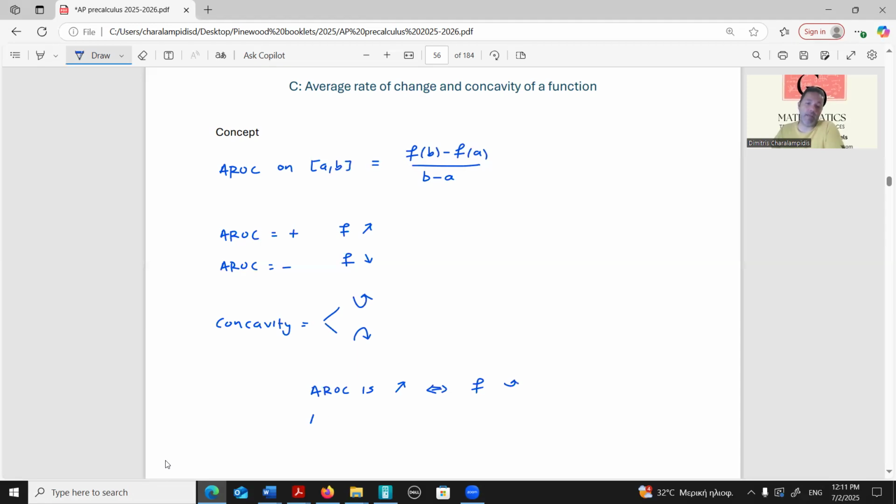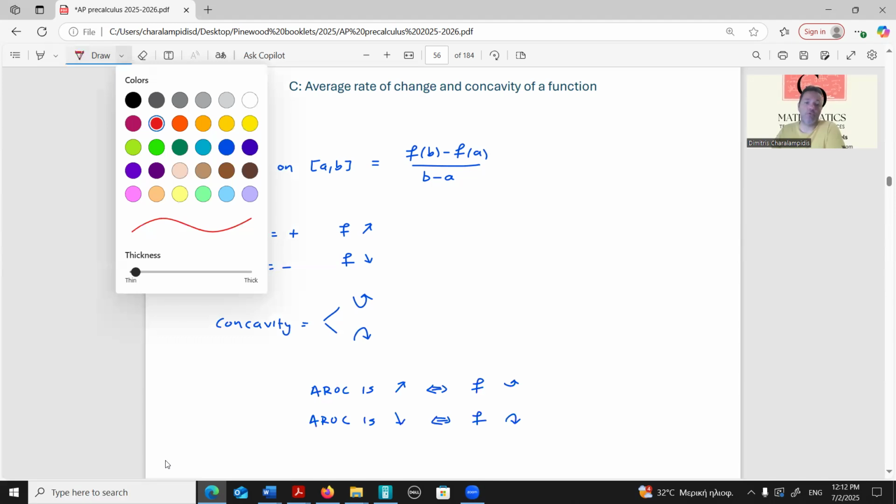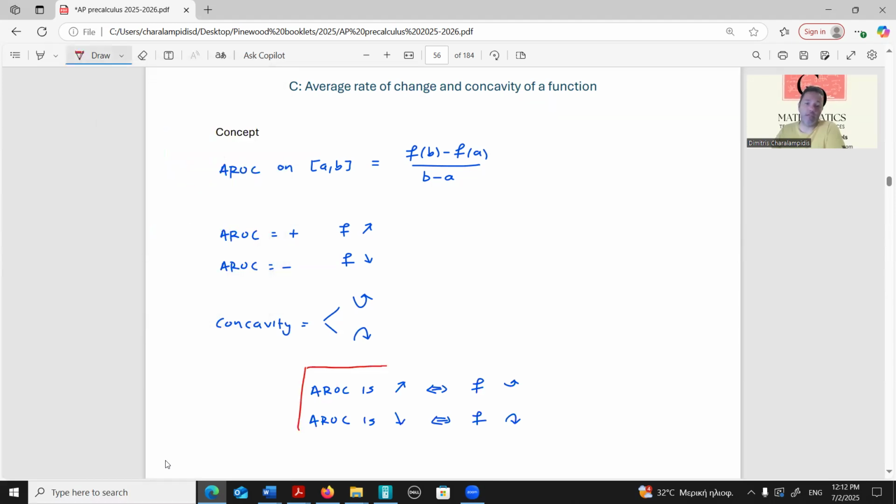The average rate of change is decreasing if and only if the function itself is concave down. So this is the connection that we need to remember between average rate of change and concavity. The monotonicity of the average rate of change actually is connected with the concavity of the function.